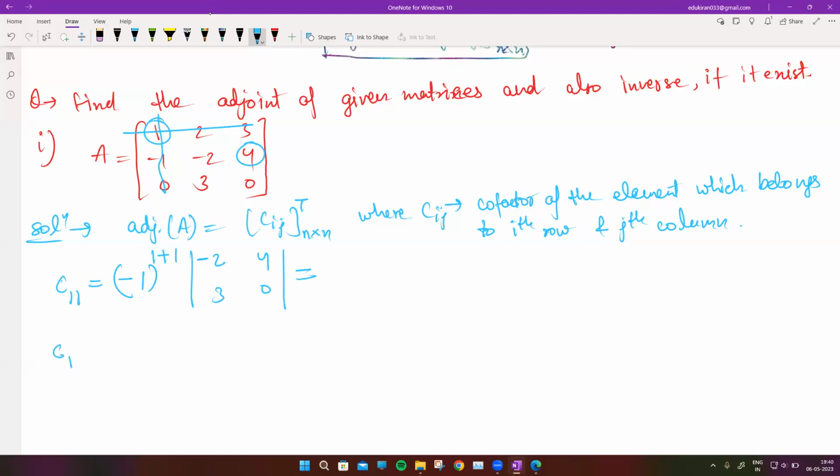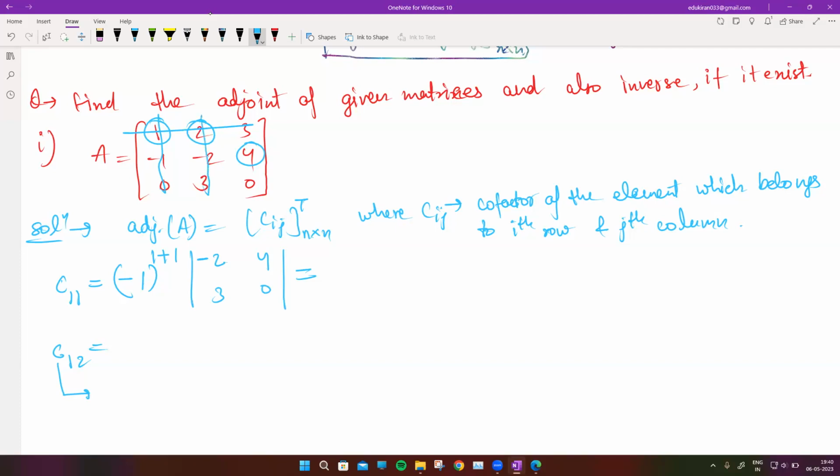If I want to find out C12, first of all, which cofactor am I talking about? Cofactor of which element? Can you tell me this? So 2, right? Yeah, correct. We are talking about this element 2, first row and second column element.